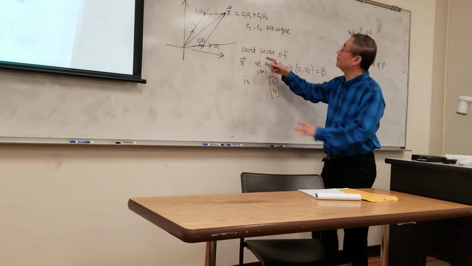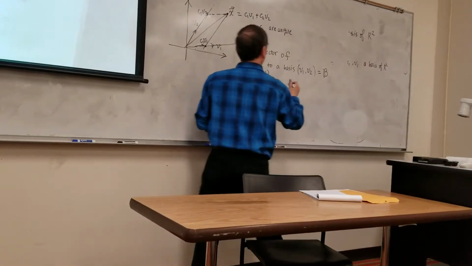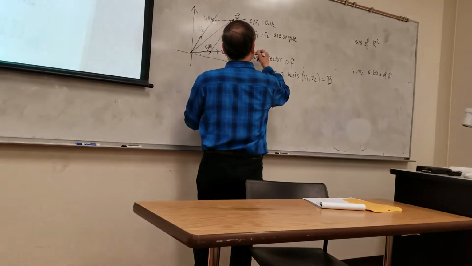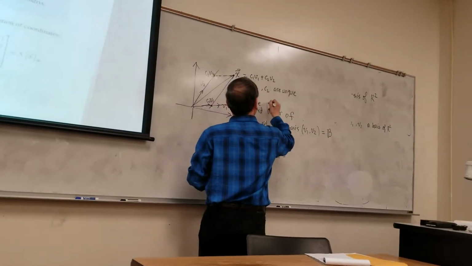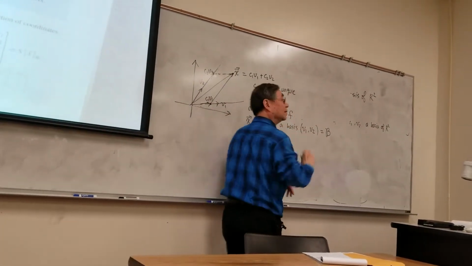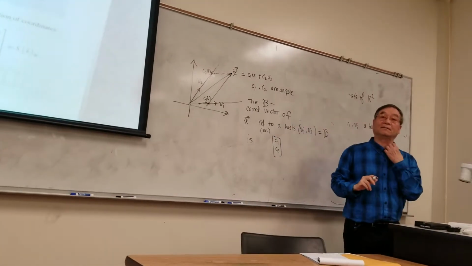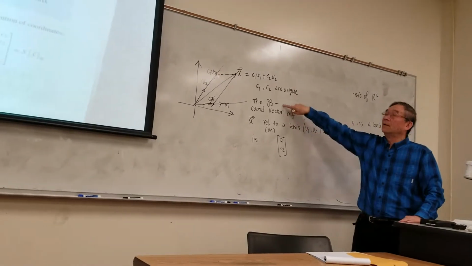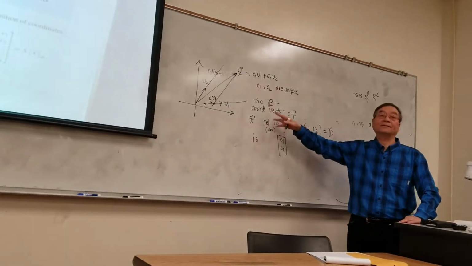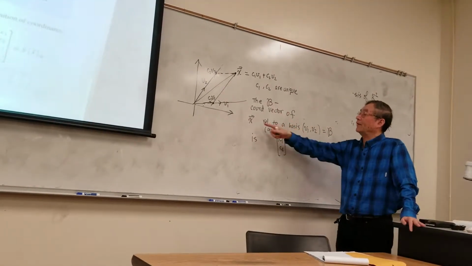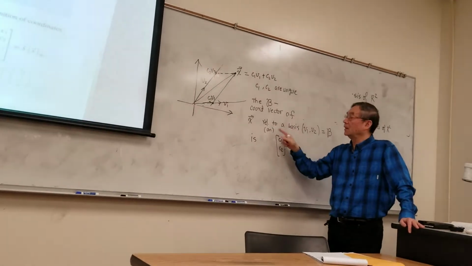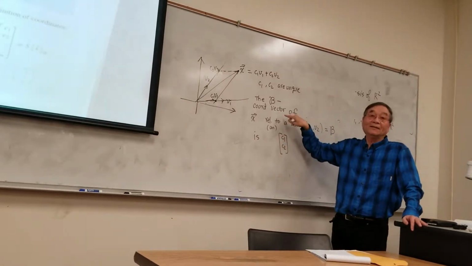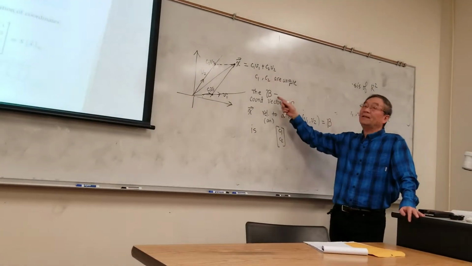So now we have another way to say this coordinate vector. In the book, they just say the B-coordinate vector. So instead of saying coordinate vector of x relative to a basis or on a basis, you can just say the B-coordinate vector, right? So that's the basis.